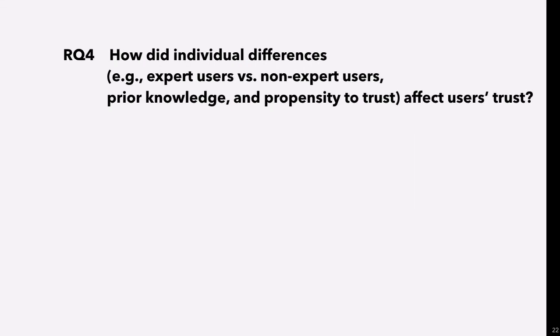For the last and fourth research question, we want to investigate a little bit about individual differences. We measured three types of individual differences. The first one is whether the participants are data scientists or not. The second one is their prior knowledge, their familiarity with LEAF. And the last one is propensity to trust.